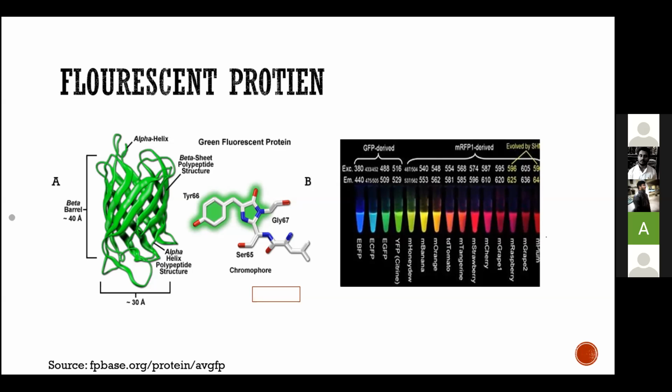So when you cut it from the top of the alpha helix, you get an N terminus and a C terminus, and when you cut it from the bottom of this alpha helix, you get an N terminus and a C terminus.